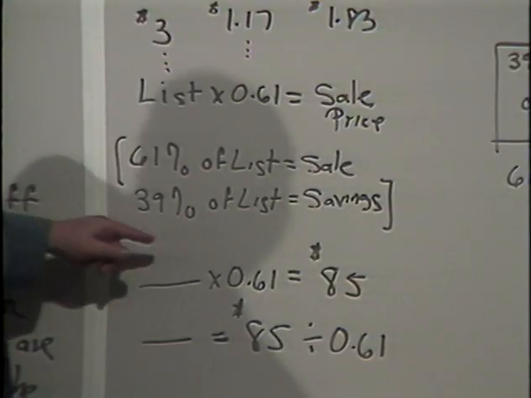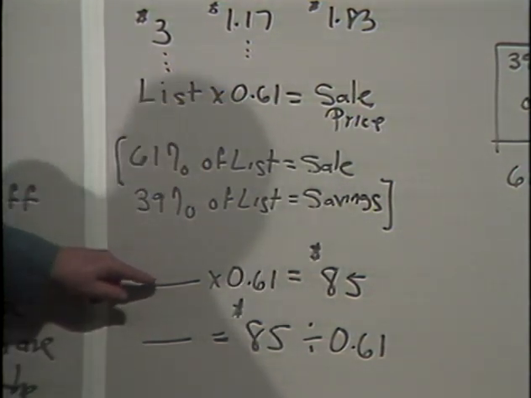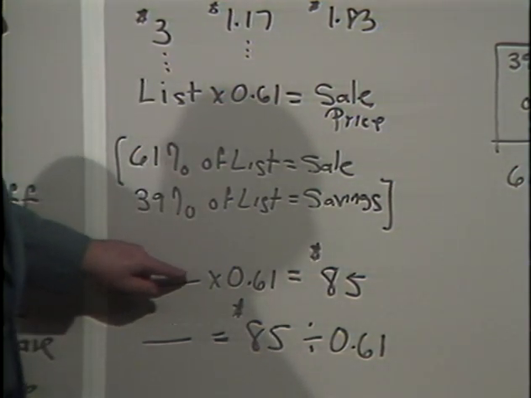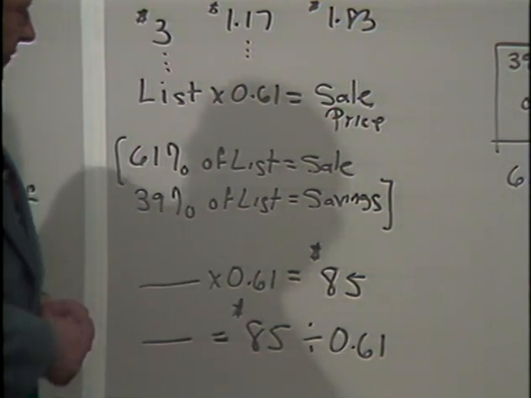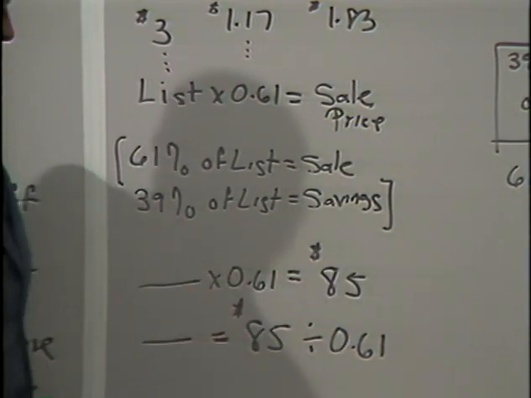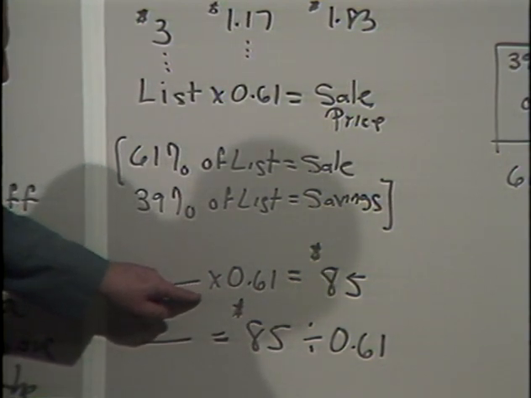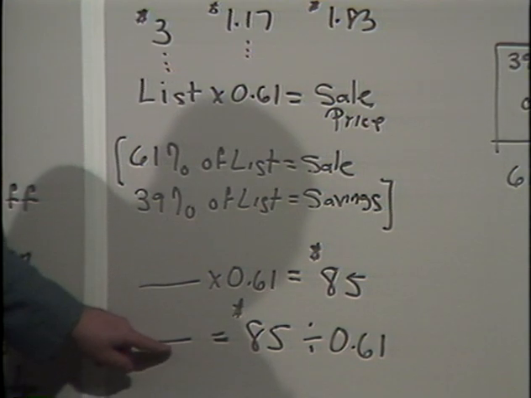So in this particular problem, I'm told that the sale price was $85. Therefore, 61% of the list price has to equal $85. So the list price times 0.61 equals $85. That's a division problem. It looks like multiplication, but when I solve for the blank, I get what?